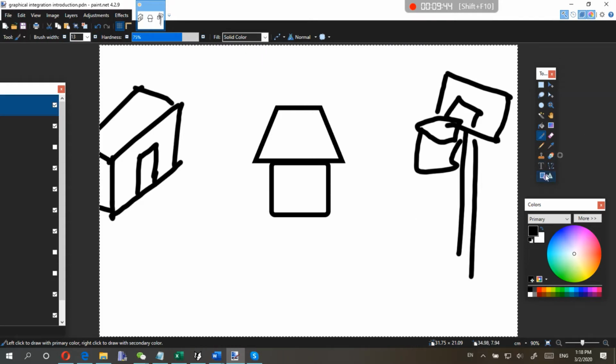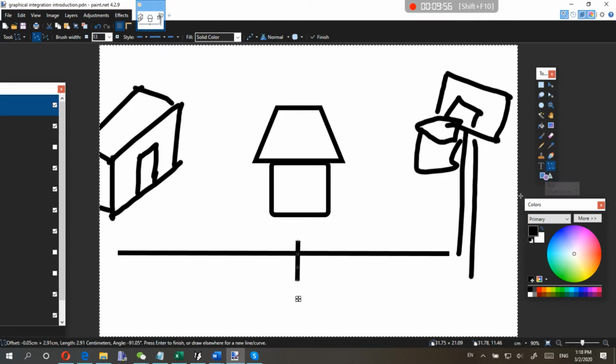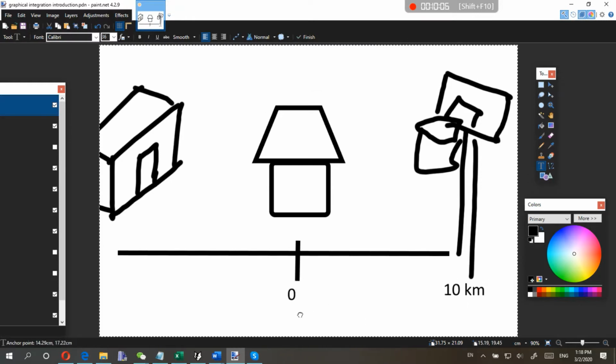I'll give us distances. The basketball court is 10 kilometers from home, and the restaurant is 15 kilometers away.